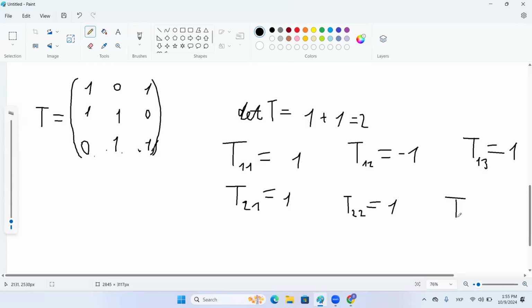One. And you follow attentively if everything is correct. Minus 1. One. And the last one.